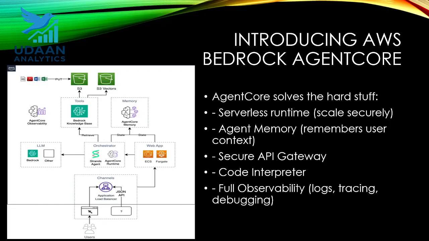With these pieces, you can build almost any agent you want without writing the backend code. So AgentCore has serverless runtime, agent memory, secure API gateway, code interpreter, full observability, and you just need to connect the dots. You don't need to write any backend code for this.